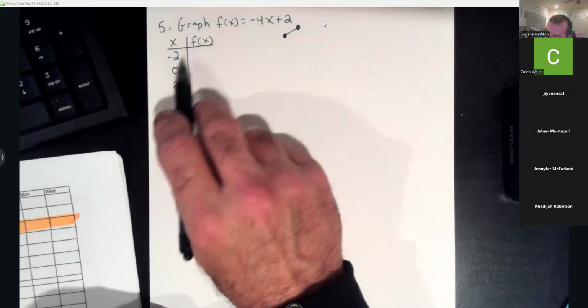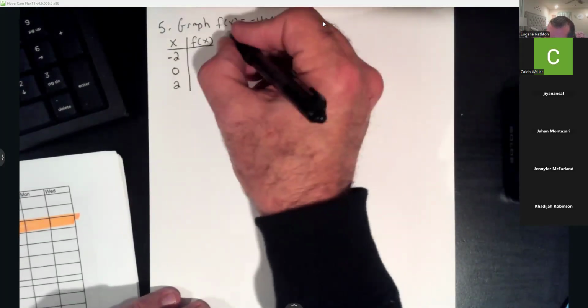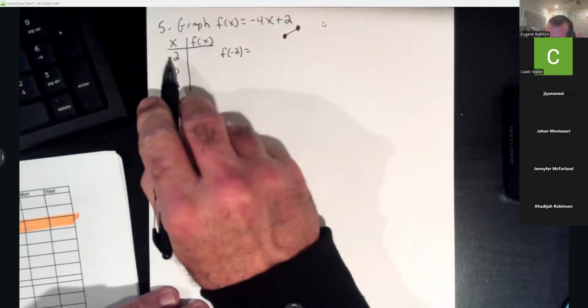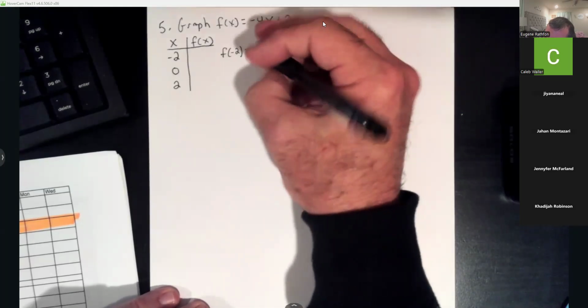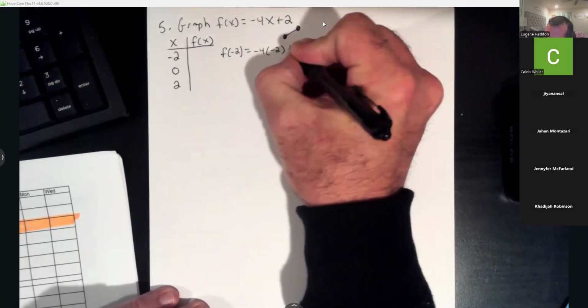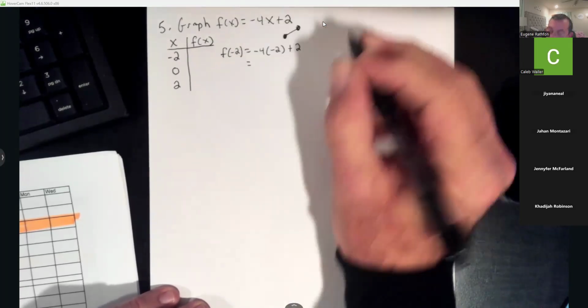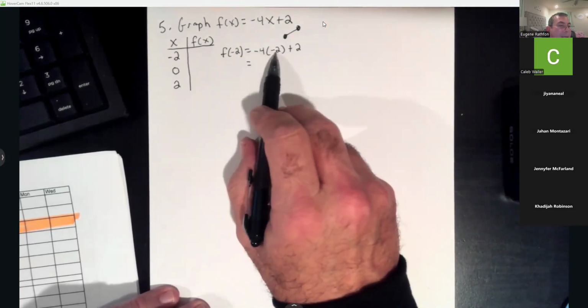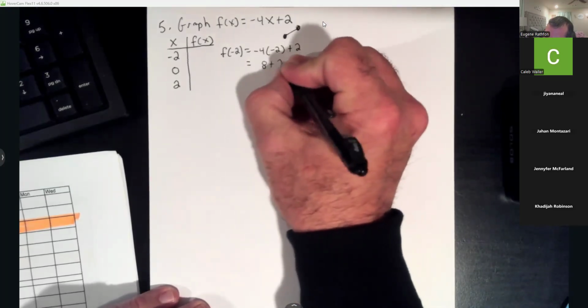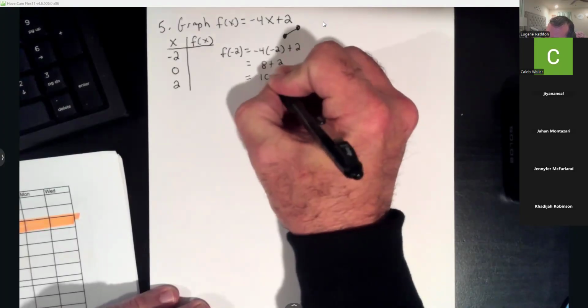All righty, so I'm going to find all 3 of my values. So first will be f of negative 2. So I'm going to put a negative 2 in for x. I get negative 4 times negative 2 plus 2. All right, y'all, negative times negative makes that a positive 8. 8 plus 2 will give me 10.